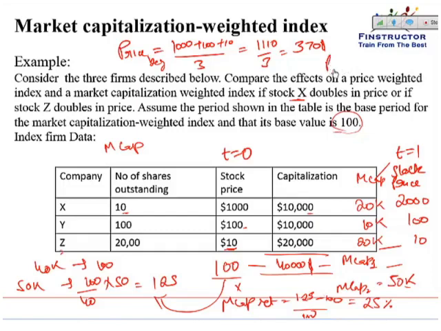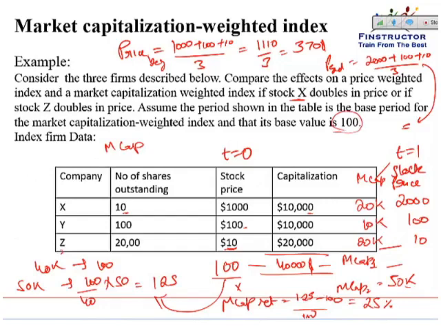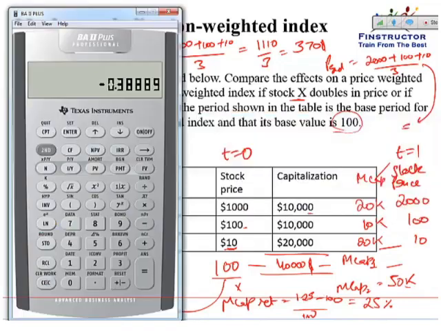The price of a price weighted index at the end would be 2000 plus 100 plus 10 divided by 3. That would come out to be, we can solve, 2000 plus 100 plus 10 divided by 3, that is $703.